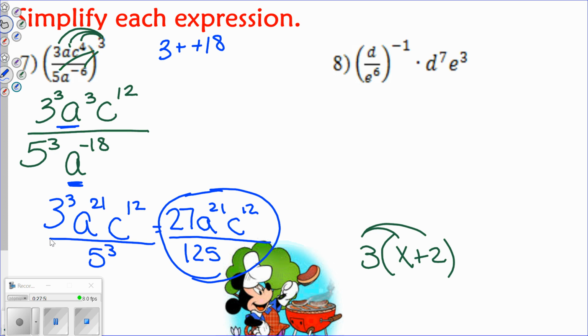By default, it goes to the top. And then I just rewrote what I had left. And then I can't leave numbers with exponents, so I changed those as my last step. Now, if you're comfortable, when you distribute here, could you have written 27 right here? Yeah, if you're comfortable, by all means, write the 27, write the 125. I'm okay with that. Questions?